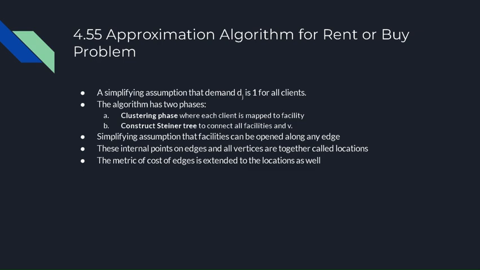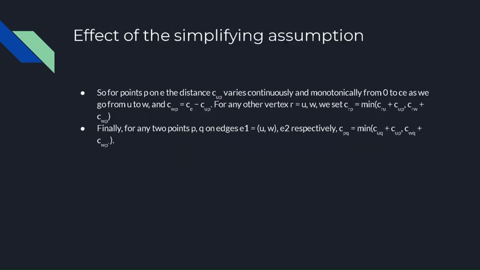How will this happen? Let me tell you. This simplifying assumption is made to obey the metric as follows. For any point P on an edge, say edge UW, the distance c_UP will vary continuously and monotonically from 0 to c_e.